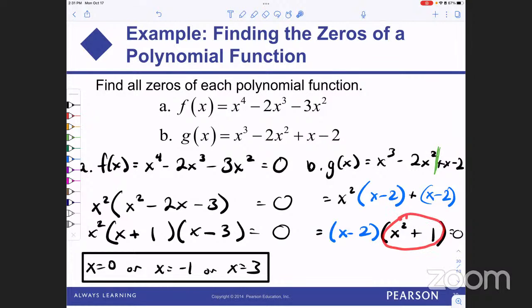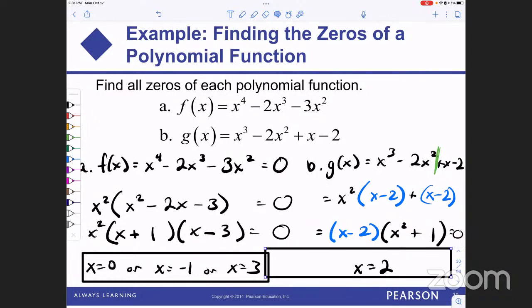There's no value of x that can make that 0, not a real number. So then it's just a matter of this blue part being set to 0 and solve. If we set that to 0 and solve, we get x equals 2. Now we should check this, but I don't think I am right now.